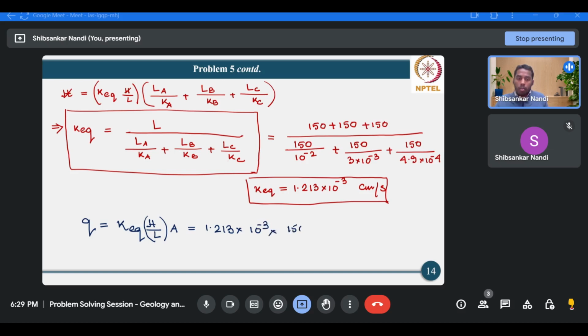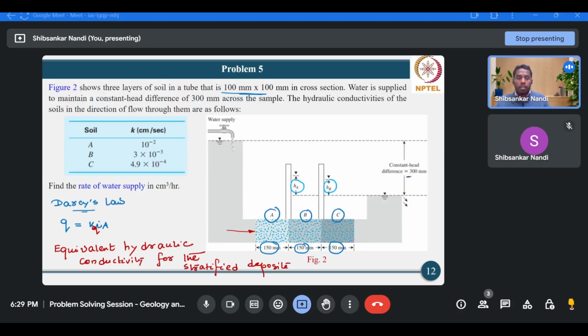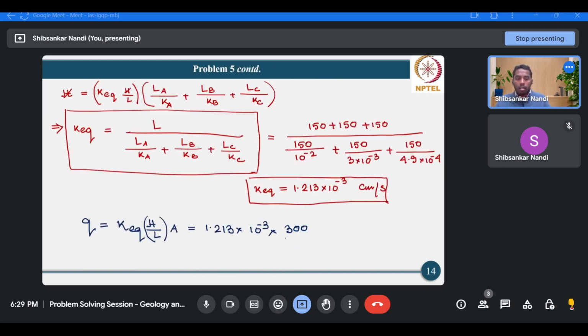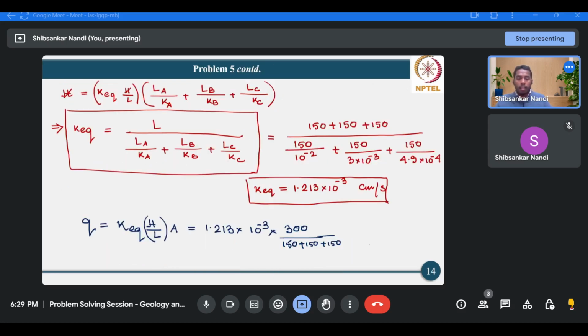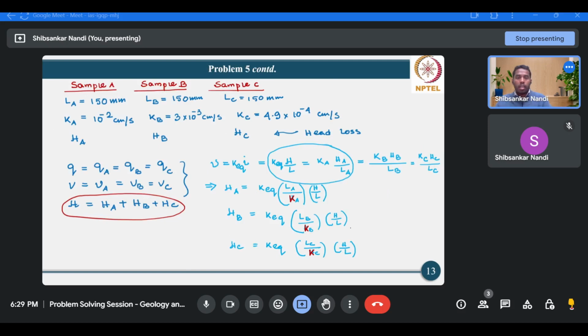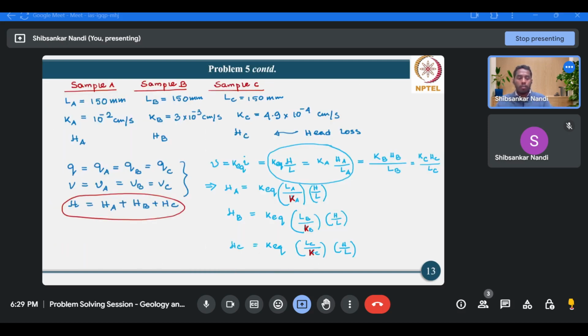H is your 150, sorry, 300. The head difference, the constant head difference, so this is your H, divided by the total length, 150 plus 150, so this is the total length L, multiplied by the cross-sectional area. The cross-sectional area, so this is the cross-sectional area, 100 into 100.